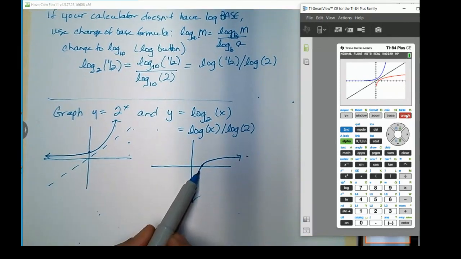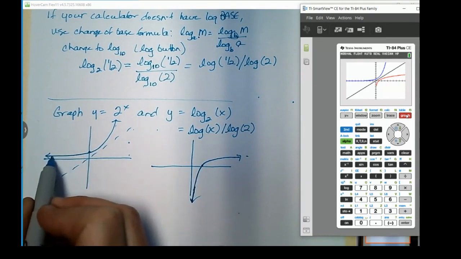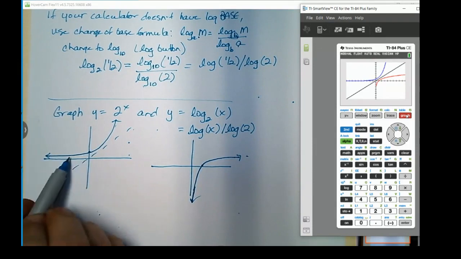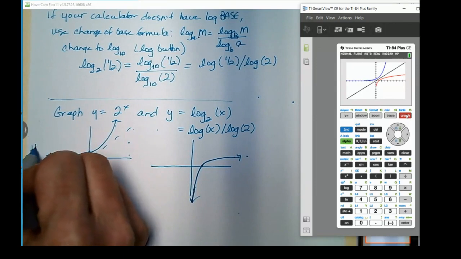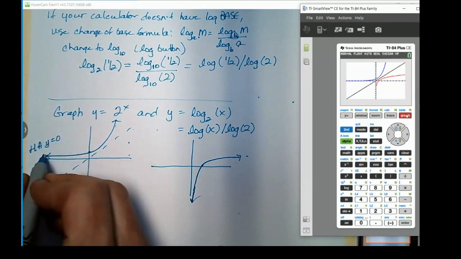Let's talk about the properties of both of these two graphs. This one, I think I mentioned the other night, actually has a horizontal asymptote, because as we go out this direction, these values keep getting closer to 0. So this graph has a horizontal asymptote of y equals 0, but it's only on the left end.